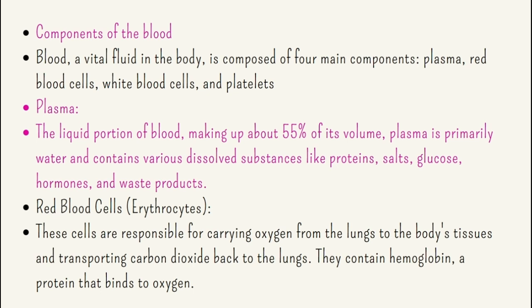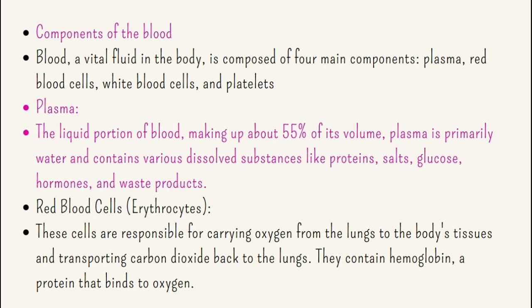So basically plasma and red blood cells, they are all inside of the blood. When you bleed and you just see it like that, your naked eye can't really see much, but put it under a microscope and these four main components of blood will be seen.